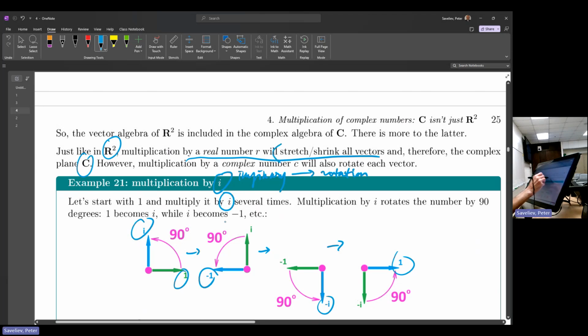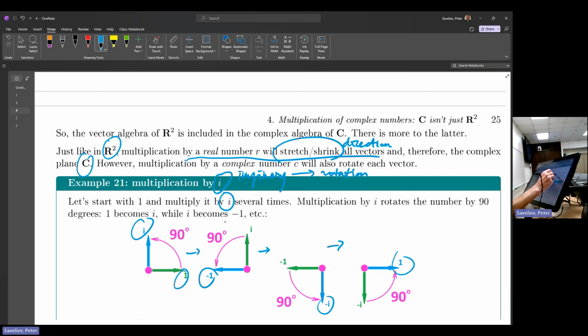Stretch, shrink, directions hold, right? That's what stretch is. Direction remains the same, and rotation is the exact opposite of that. Everybody rotates, and it turns out that multiplication by i rotates every number by 90 degrees counterclockwise.